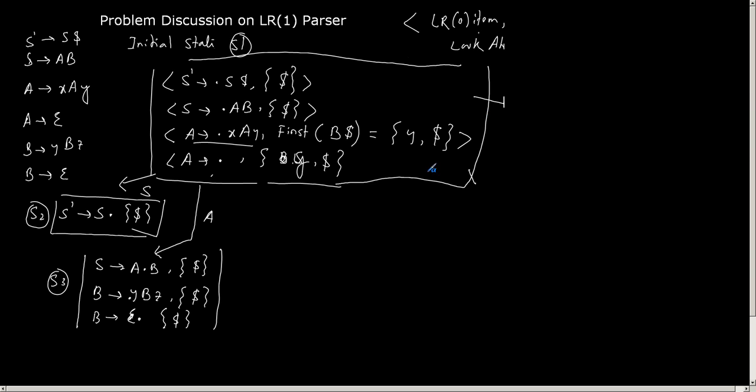So I consume X. What will happen? So my LR0 item state will go to A → X.AY.